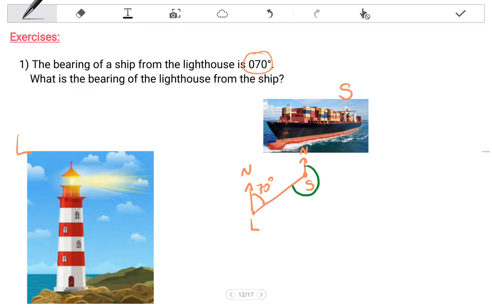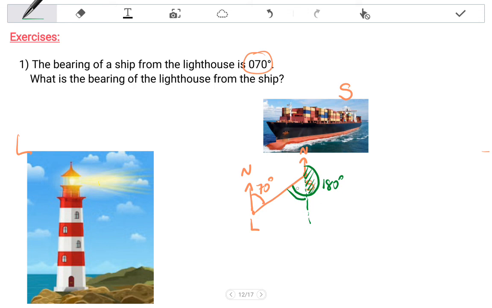This angle must be found. From the north to the south of this angle, it is 180 degrees. And an acute angle is here. If I find it, I'm going to add this value to 180 to get the bearing.